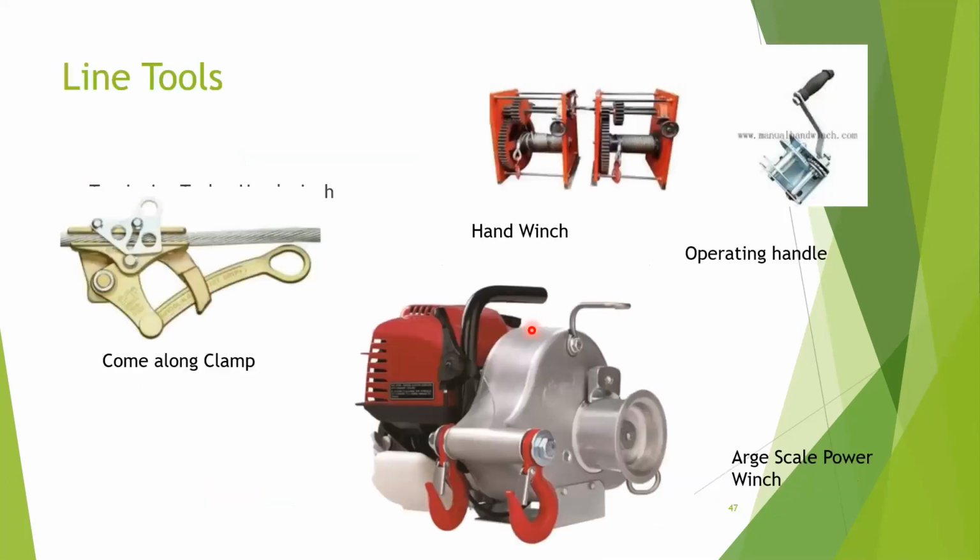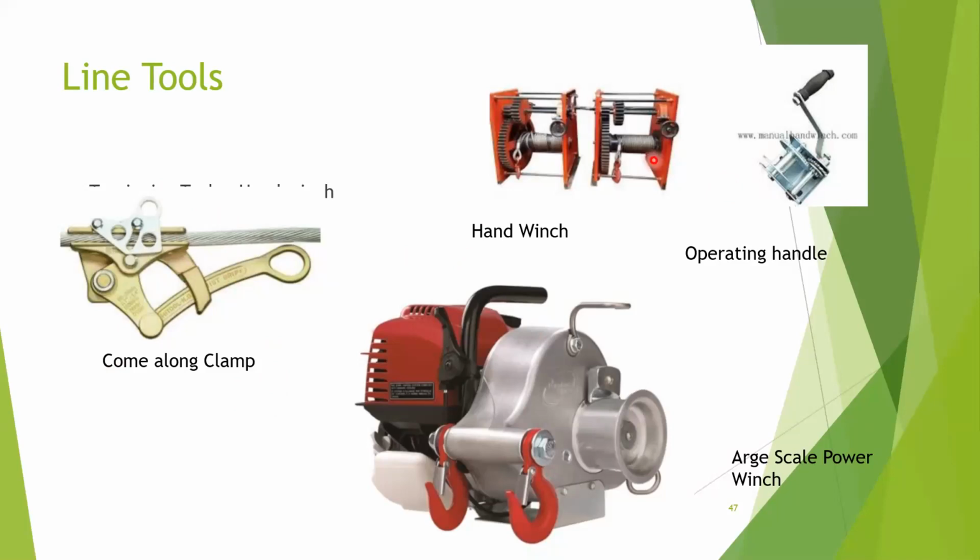So line tools, this one is called a come along clamp, and whether cold line or hot line, the come along clamp is used to grip the conductor and tension the conductor to remove a conductor, to remove an insulator string and whatever. This is the come along clamp. Hand winches are there.